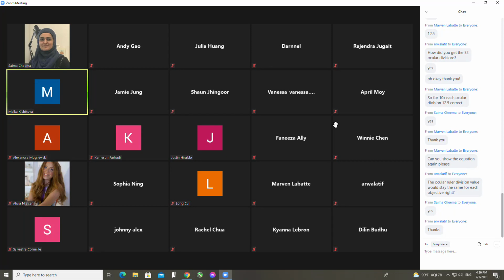For the ocular ruler divisions, it was 32 and then 10 for the stage, and I calculated 3.125. Should be right. And for the last column, it was 32 for the ocular and 5 for the stage, and 1.5625 for the last column. Yep. Okay.